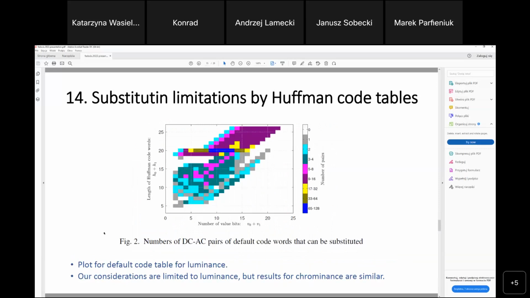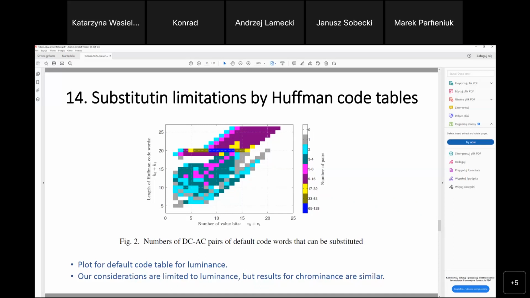In general, in this plot we can see a distribution, or maybe it's better to say a visual representation, of the number of pairs of a particular group of substitutable code words.